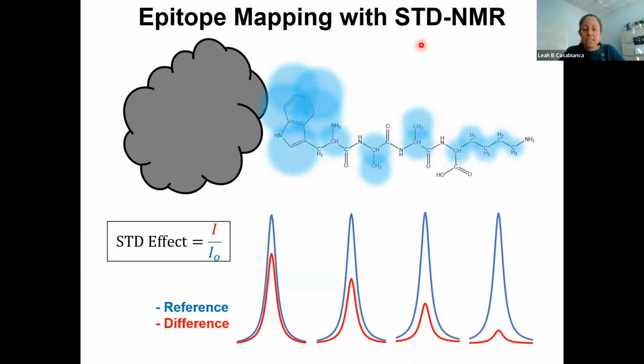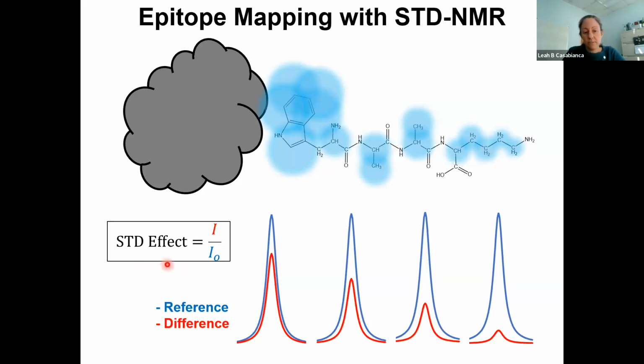One of the great things about the STD experiment is that it can be used for epitope mapping. So we all know that the real strength of NMR is in structure determination. And because the saturation transfer relies on intermolecular NOEs, it's expected there should be a 1/r⁶ distance dependence. So in other words, protons that are closer to the receptor surface in the bound state should be expected to have greater saturation transfer. And those that are farther from the receptor surface should have a lesser extent of saturation being transferred.